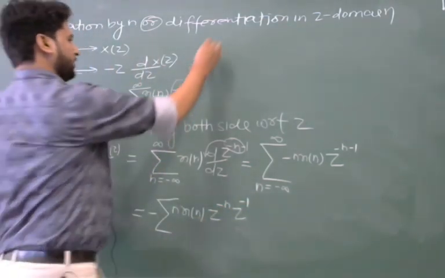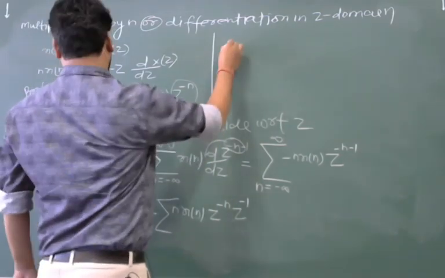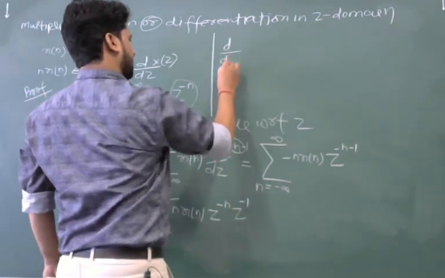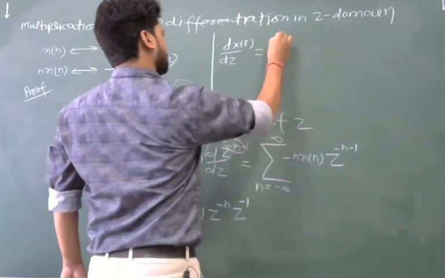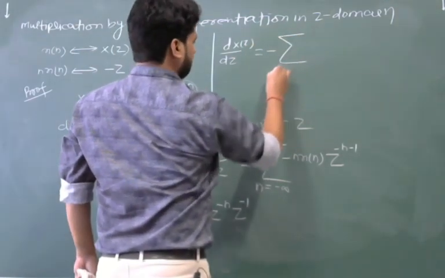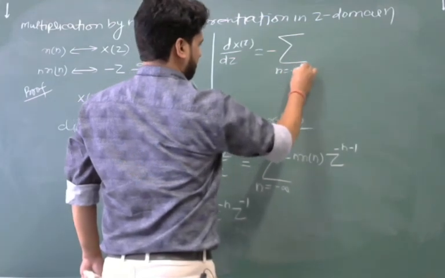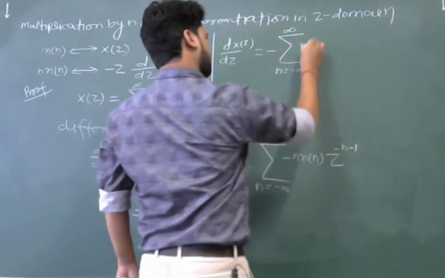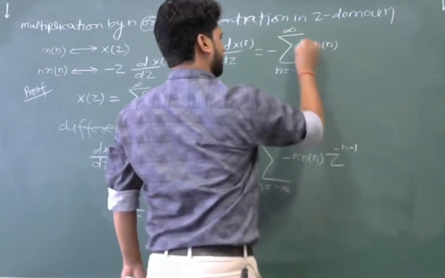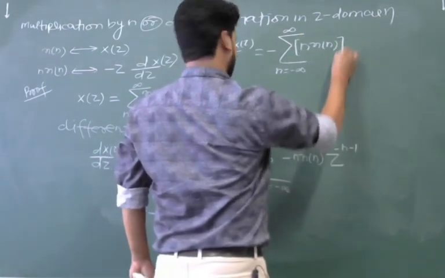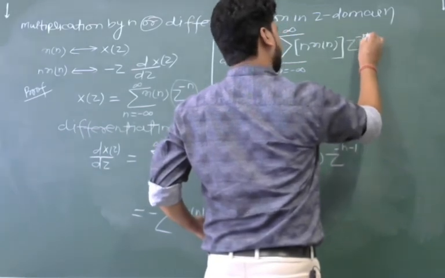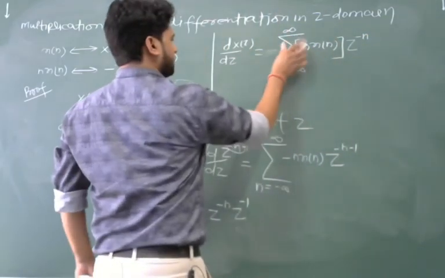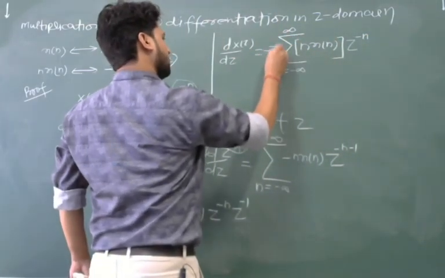Or further I can write it as d by dz of x of z will be equal to minus sigma n from minus infinity to plus infinity n into x of n into z power minus n, and I will put this z power minus 1 here.